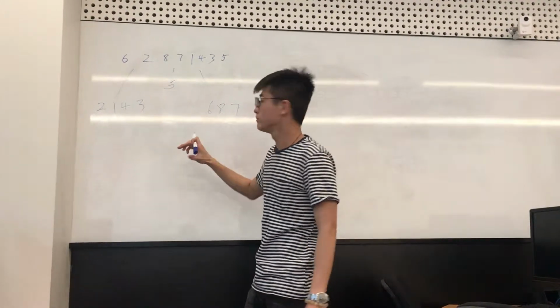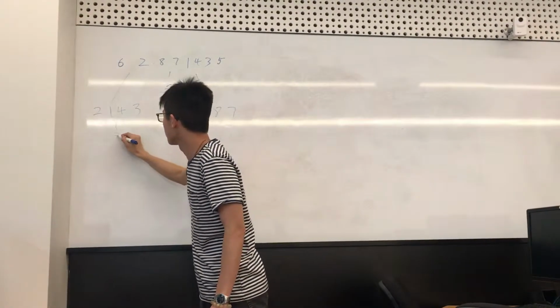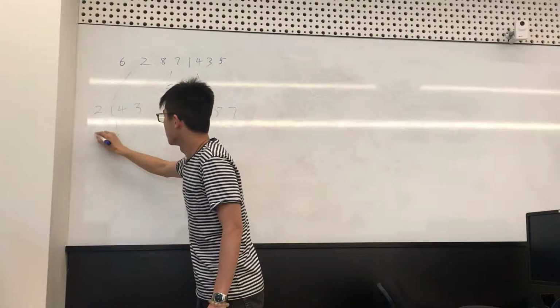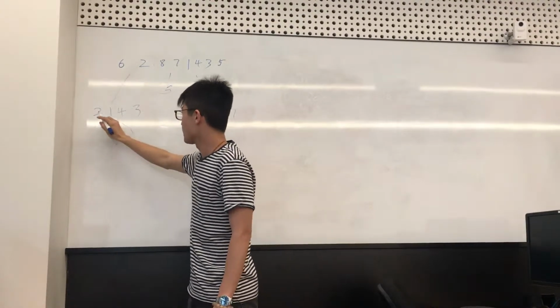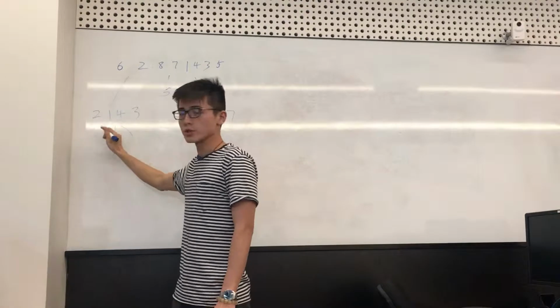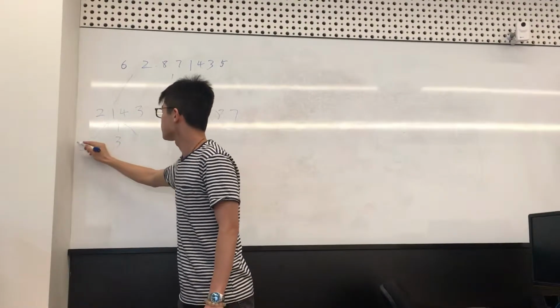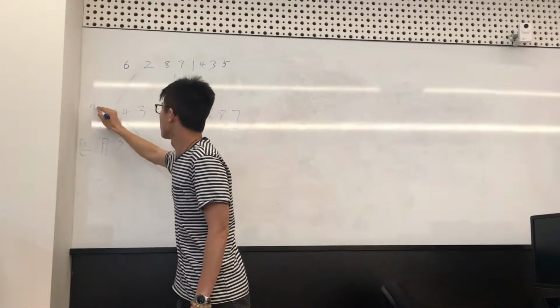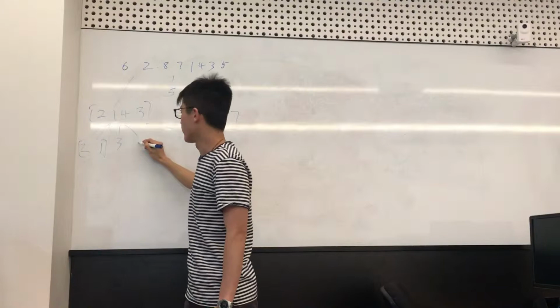And do it again. Find the pivot. Here, I will use 3 as my pivot, and compare with the others. We find 2 is smaller, 1 is smaller, and 4 is bigger. We put 4 here.